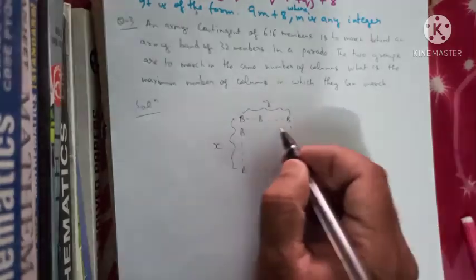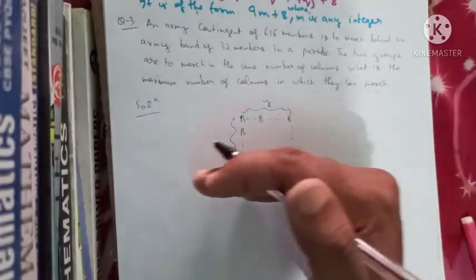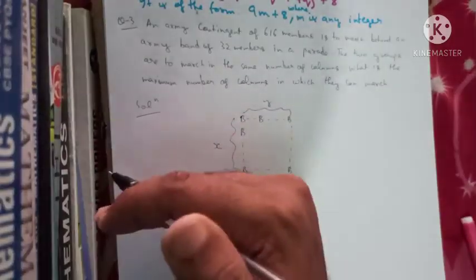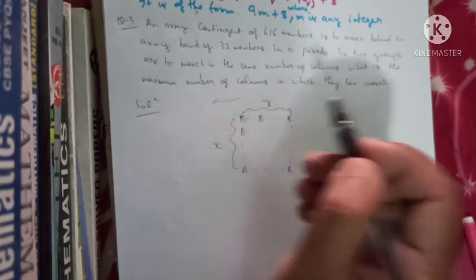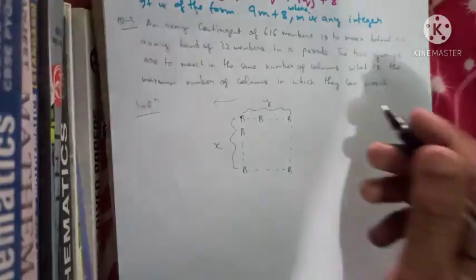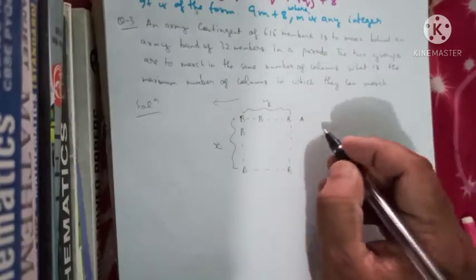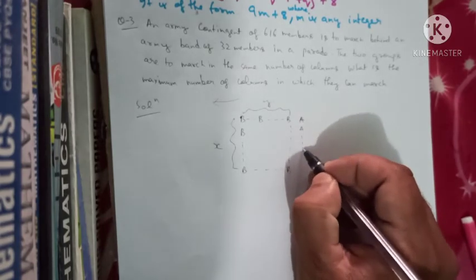Similarly, after the band members, they are marching like this. This is the direction of march past, and they are followed by the army members like this.